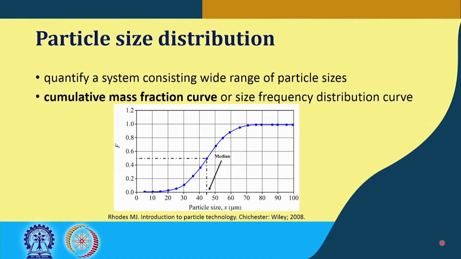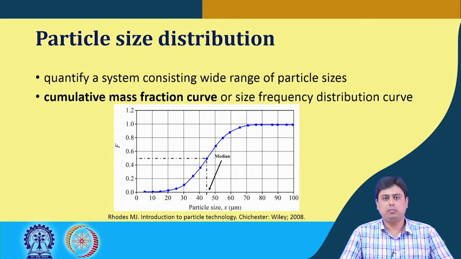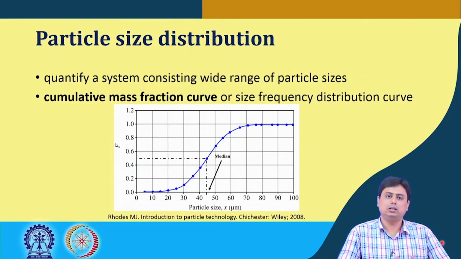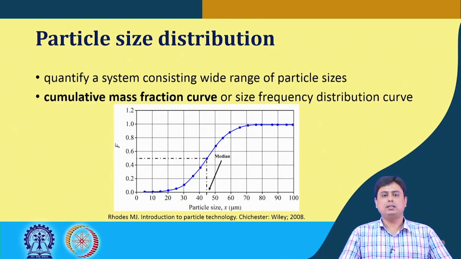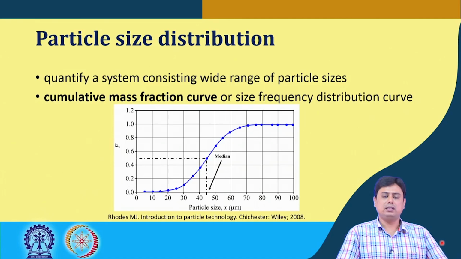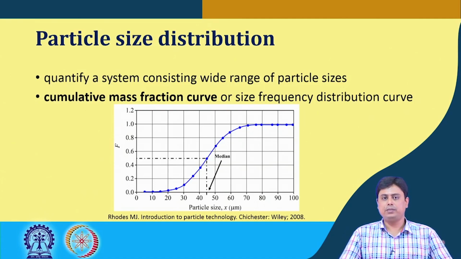Now, why is particle size distribution essential? Because we are talking about a collection or a mixture of particles, bulk material handling in industrial cases. Although we have previously discussed single particle characterization, it is now essential to understand that handling multiple particles, or millions of particles together, is what happens at the industry level.